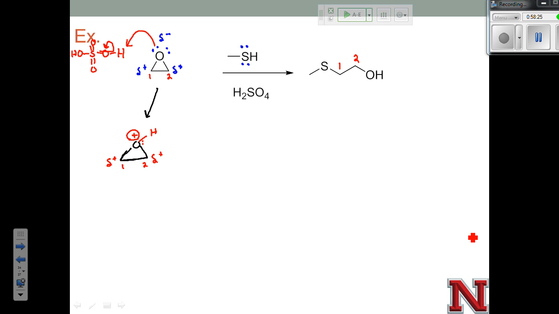Which of those two carbons does it attack? In this case, it's irrelevant. I labeled it as 1 just to be consistent with my final compound, but it doesn't matter. So my thiol is going to attack, and then what's going to happen?